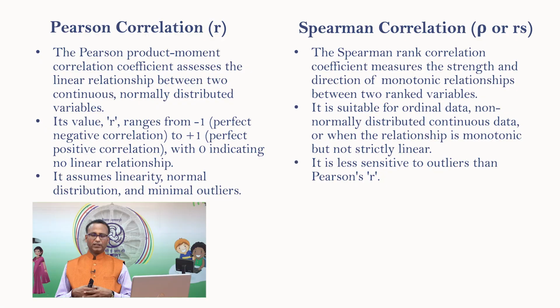When you have rank data, or ordered data, or when your data is on an ordinal scale, you have to use the rank difference method, that is the Spearman rank correlation coefficient. But when your data is on an interval scale or a ratio scale, then you can go for the Pearson correlation, or Pearson product moment correlation.